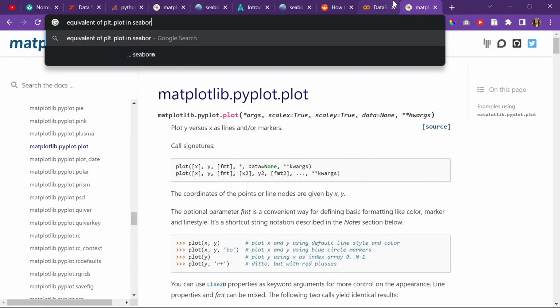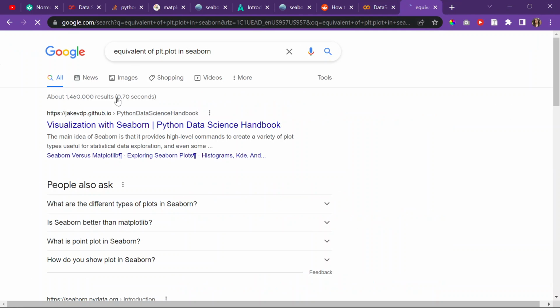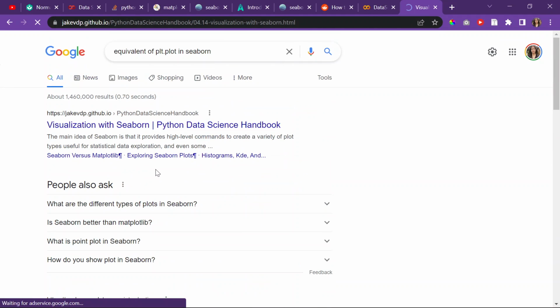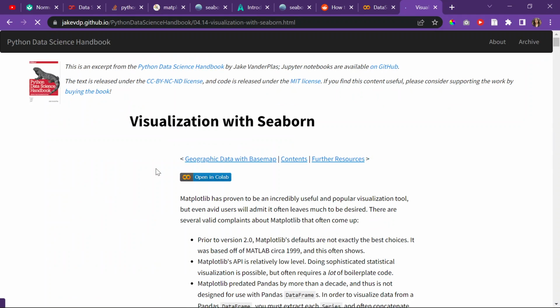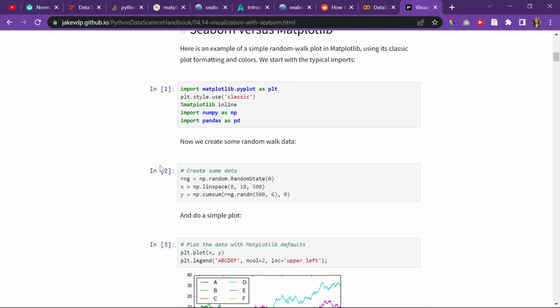PLT.plot in Seaborn. Are you kidding me? I think it's, I don't even know. What is it actually?